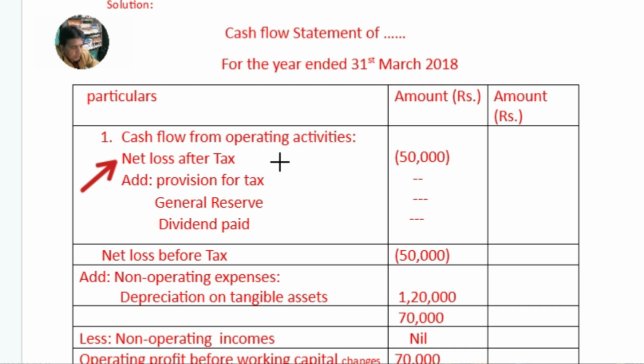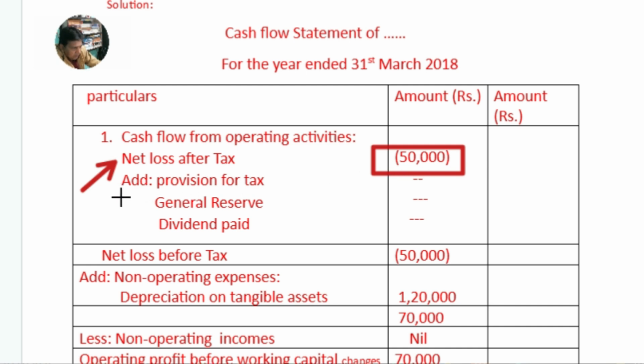In the preceding problem it was net profit after tax, because the profit balance was increased. In this problem the profit balance is decreased. So decreased is minus, increased is plus. Here it is written within brackets indicating minus, so 50,000 is the minus balance.